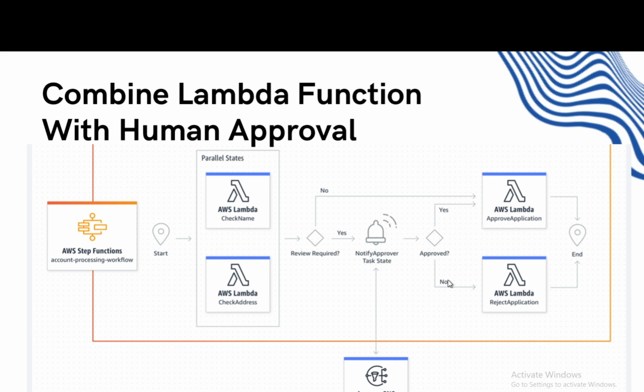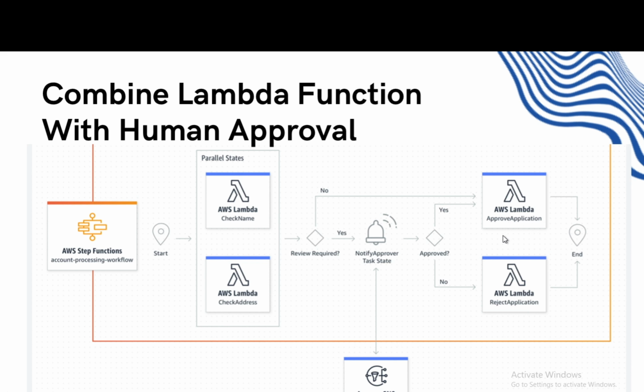If it has denied the request, then it will go to the reject AWS lambda, and this will end. Okay. Now if this parallel state is returning false, that means either check name or check address is not valid, it will directly go to the end state. Okay. So this is how a step function is performing, and these are nothing but your workflows.